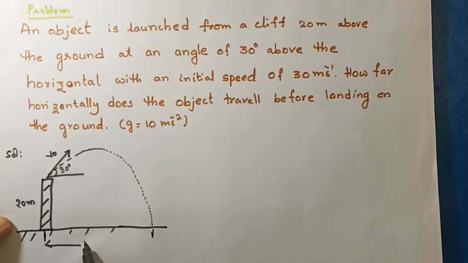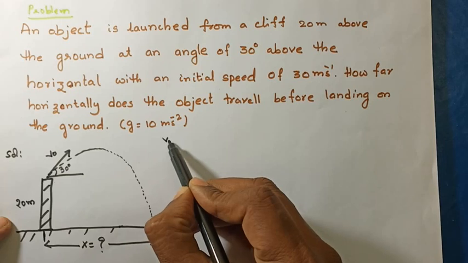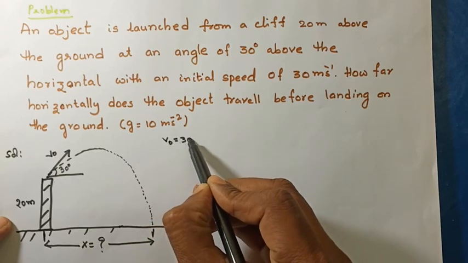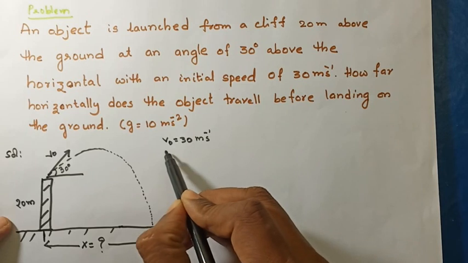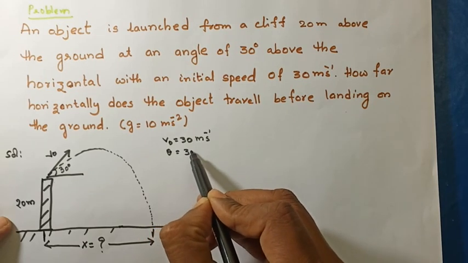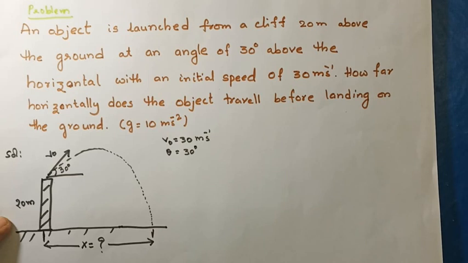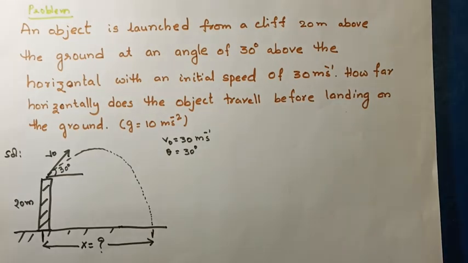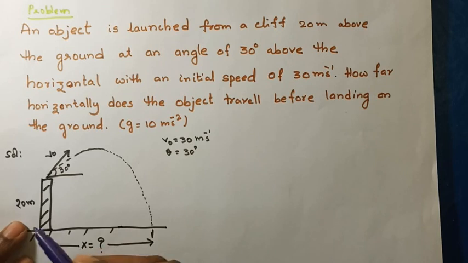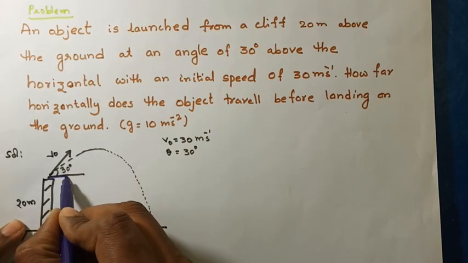Now we need to calculate the horizontal distance that has been covered, right? Here the V naught value is given, which is equal to 30 meters per second. Theta is equal to 30 degrees. Now we need to calculate the horizontal distance x. Here we need to categorize the components.